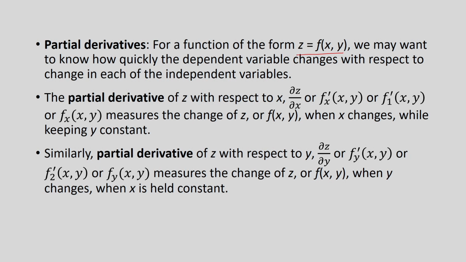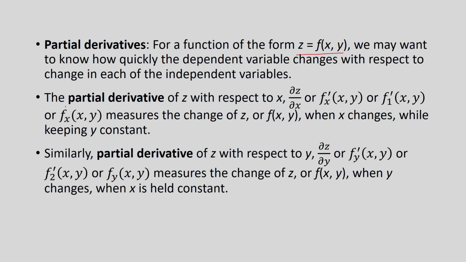We may want to know how quickly the dependent variable changes with respect to change in each of the independent variables. So, x might change without any change in y, but if x is changing, then z will change. So, we want to find out what is the rate of change of z.